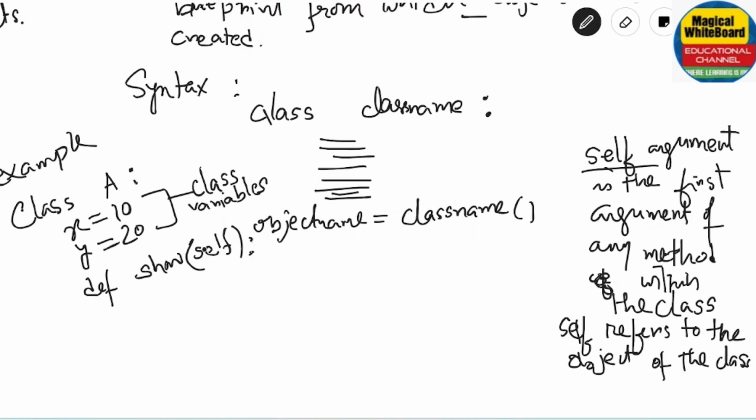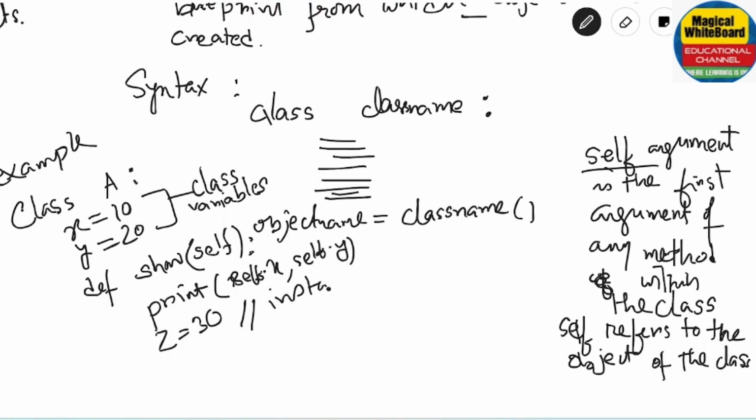Now def show, self is the first parameter. Suppose I want to print x and y. These are the class variables. Then we have to write self.x, comma, self.y. And any variable, suppose z equal to 30. Z is known as an instance variable or object variable.